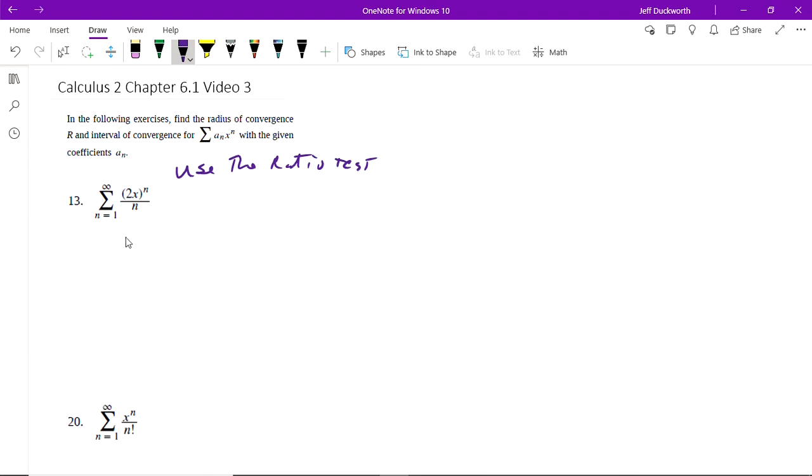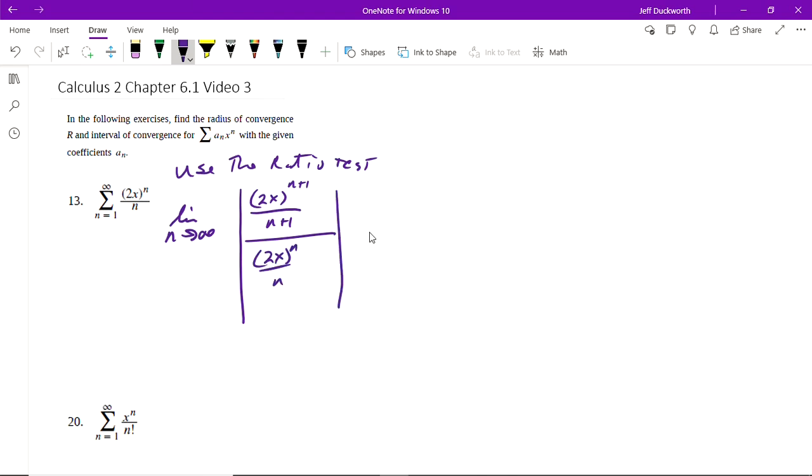That means we take the limit as n goes to infinity of (2x)^(n+1) over n+1, all over (2x)^n over n. And that's the limit as n approaches infinity.